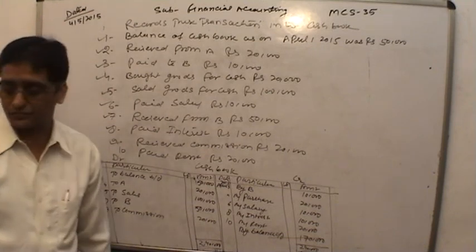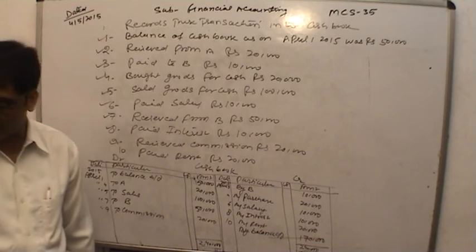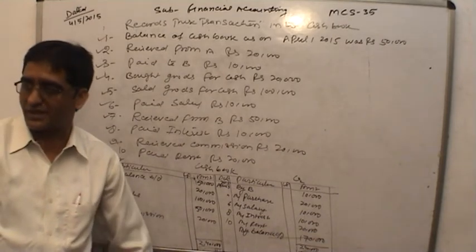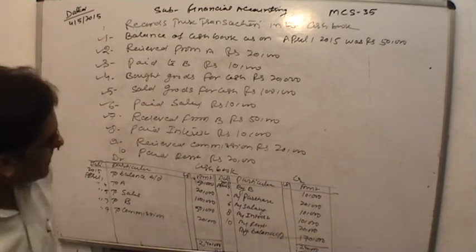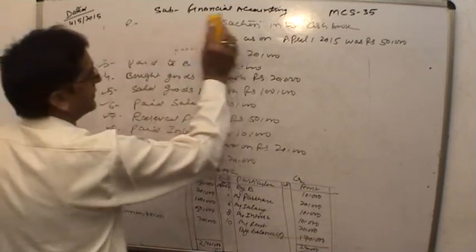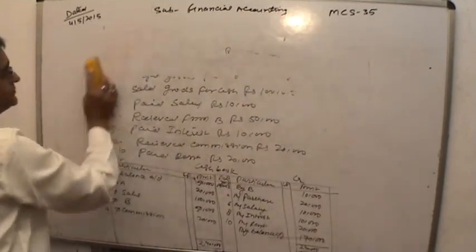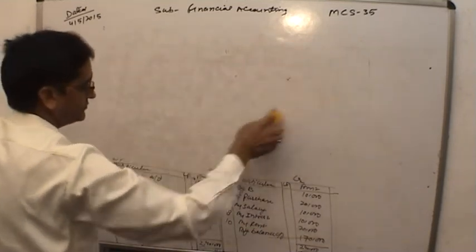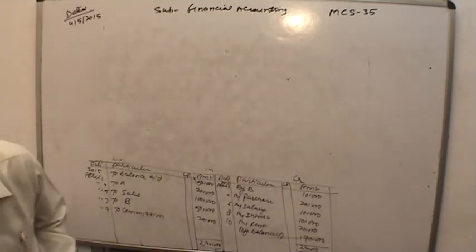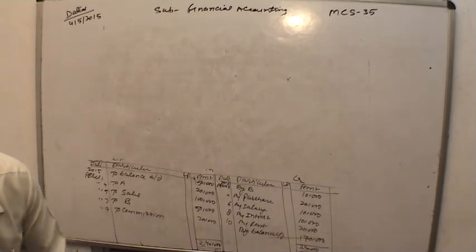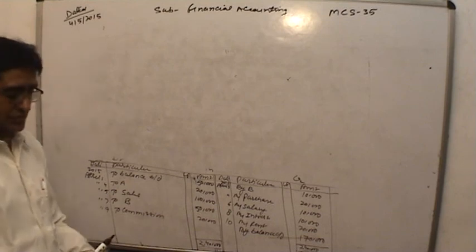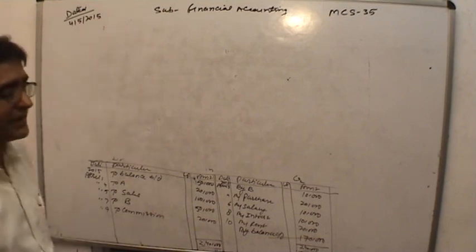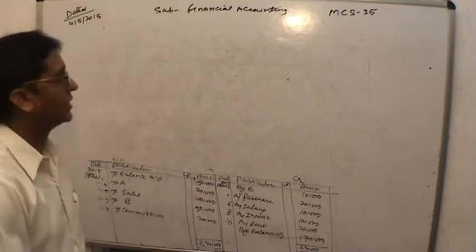And now double column cash book or bank column cash book. In bank column cash book, we make a different entry called contra entry.